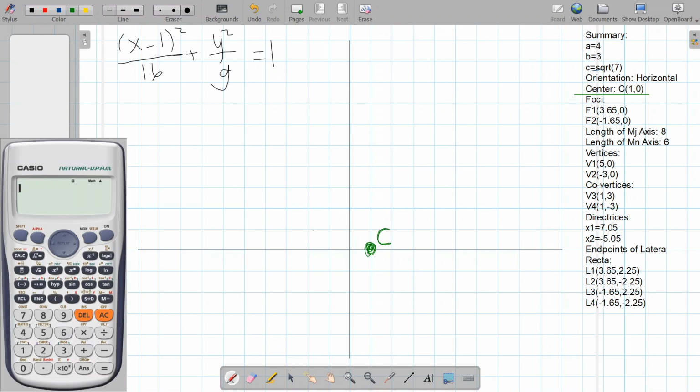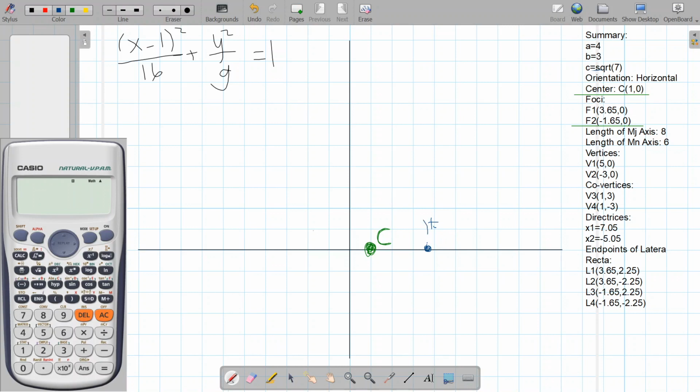Then we have our foci. I changed the color to blue. For 3.65, we have 1, 2, 3. This is 3, but 3.65 is a little more than 3, so it's somewhere here. I'll just write F1 here.